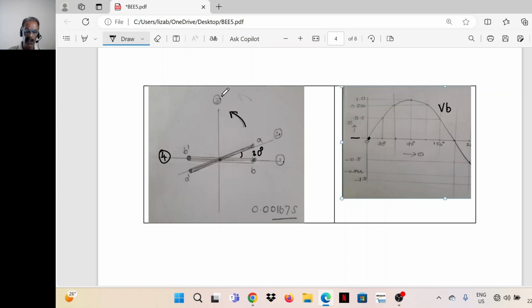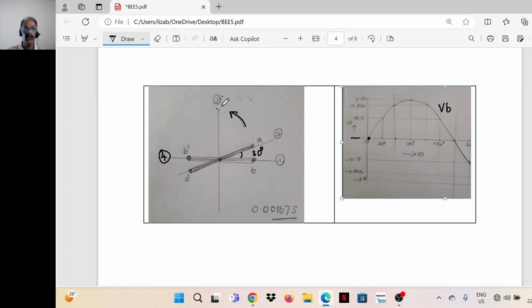For example, if we take position 3, coil A reaches position 3 first. Then after another 30-degree rotation of the coil, coil B reaches that position. That is, coil B will reach position 3.